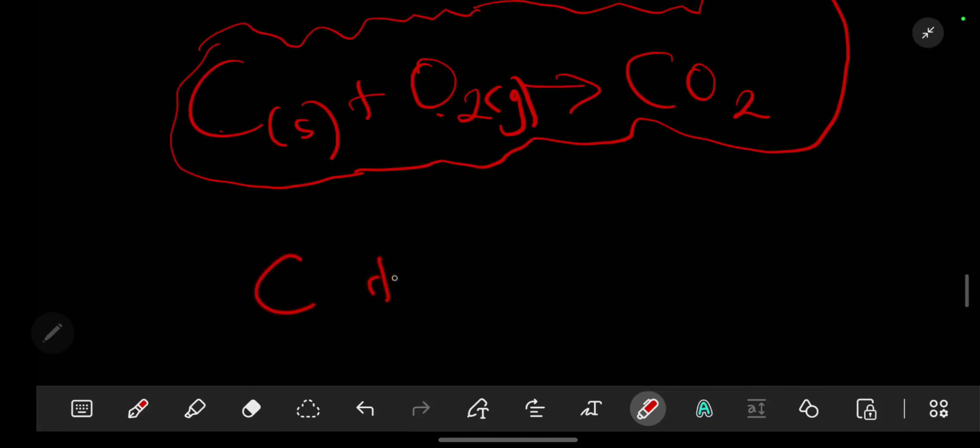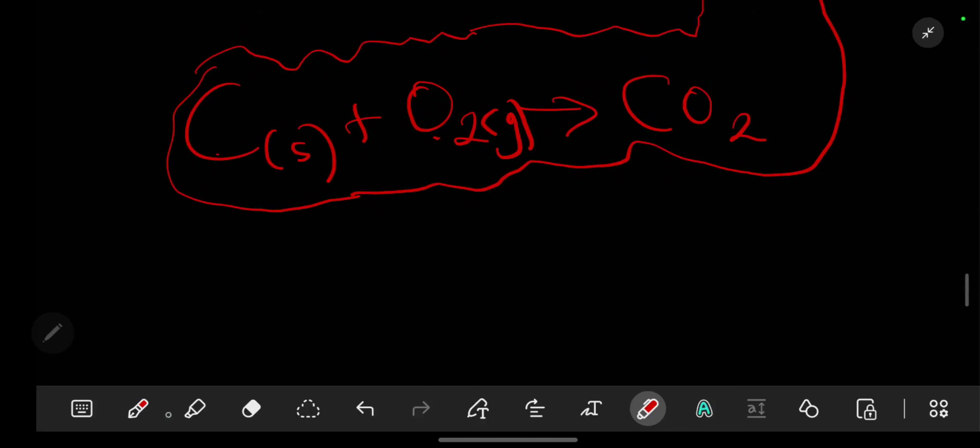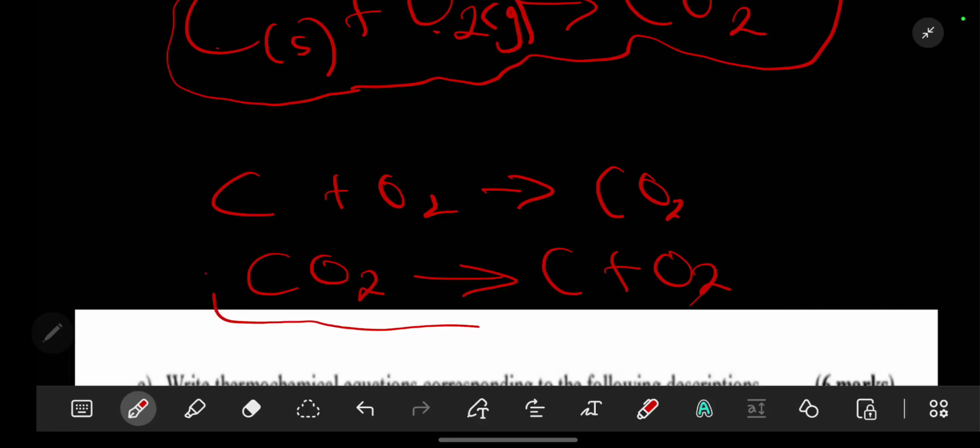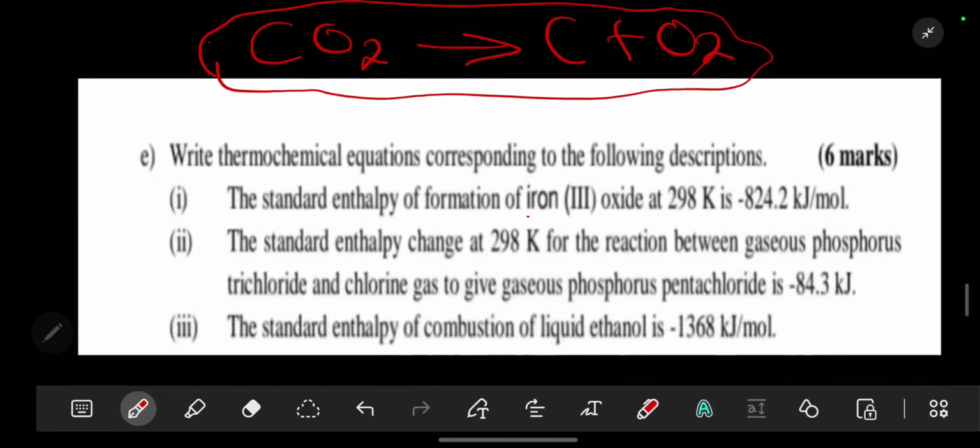Likewise, if you have carbon plus oxygen producing carbon dioxide, this is the standard enthalpy of formation. But if the equation is reversed, to produce carbon plus oxygen, this is not the standard enthalpy of formation equation. You have to produce the compound.